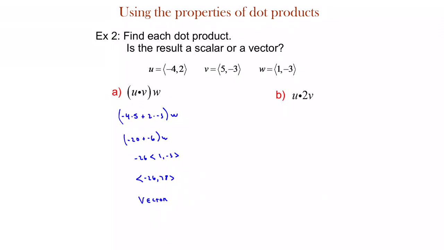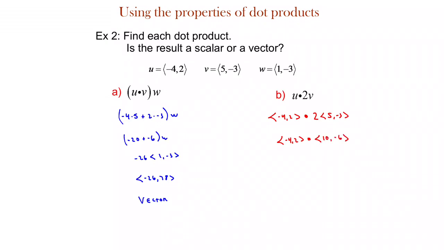On B, what do we have? We have the vector u, and then we're going to do the dot product with the scalar 2 times the vector v. So we have vector u, negative 4, 2, and then the dot product with 2 times vector v, which is 5, negative 3. So once again, vector u, and then 2 times vector v would be 10 comma negative 6.